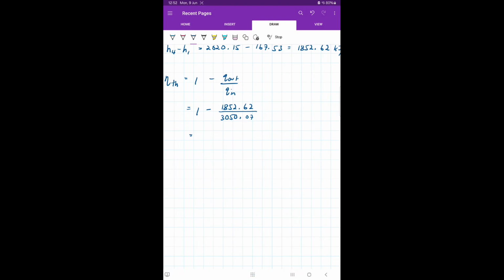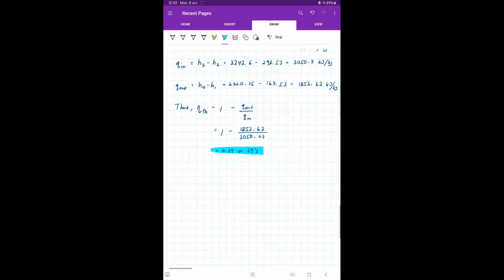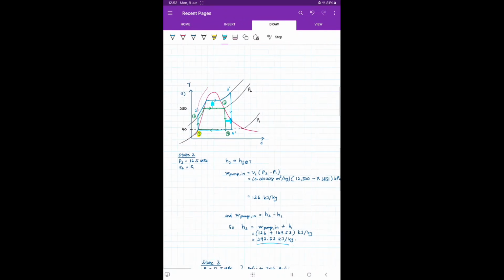So this is 0.39, or 39%. Let's look at the previous thermal efficiency and compare this value, 39, to it.